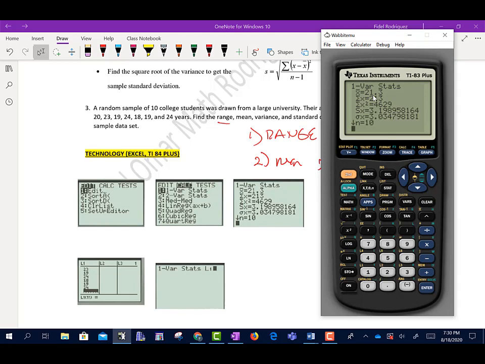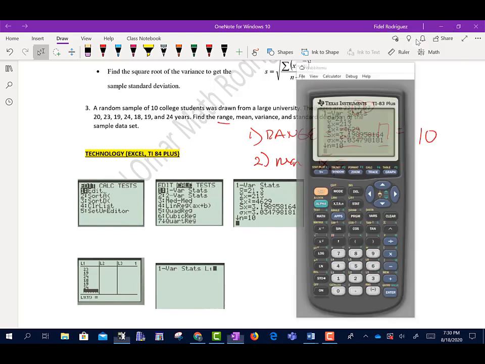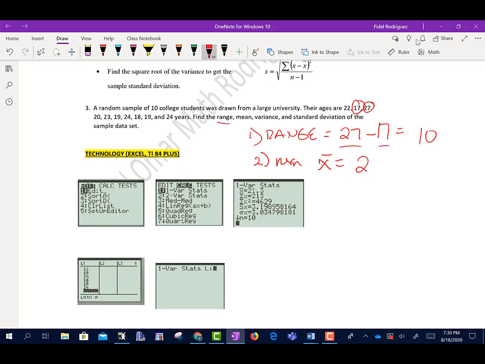I remember the first lesson we did was like salaries. So we knew that the salary was something like 59,000 or something like that. Okay. So 21.3 years, okay? Number 3, we're going to find the variance. All right.